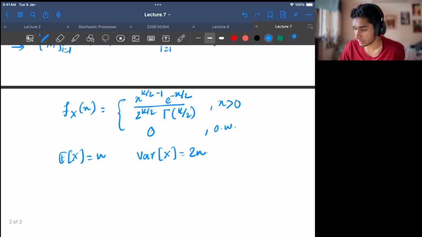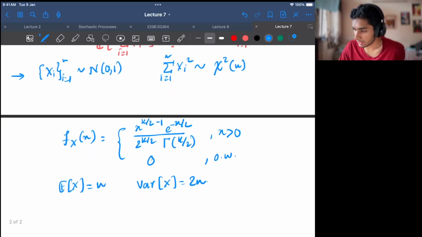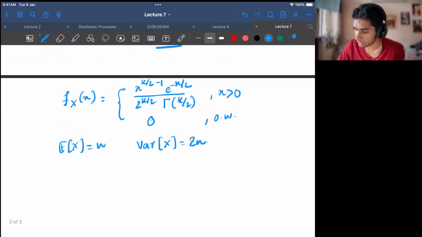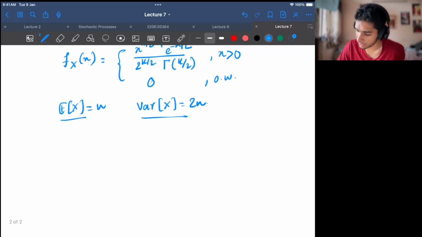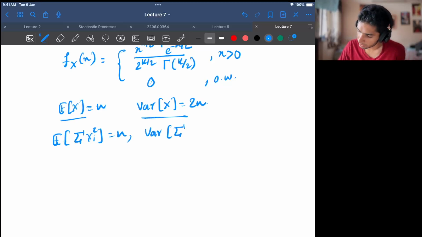You need to remember this, right? So if summation xi square follows a chi-square distribution with degree of freedom n, then using this property, the expected value of summation xi square is equal to n, and the variance of summation xi square is equal to 2n.